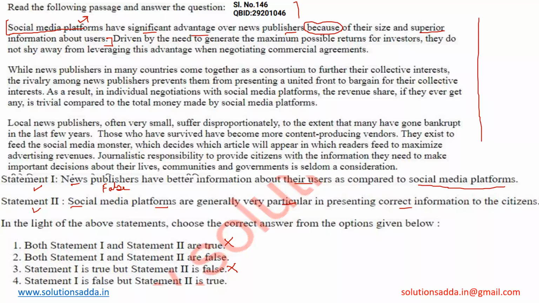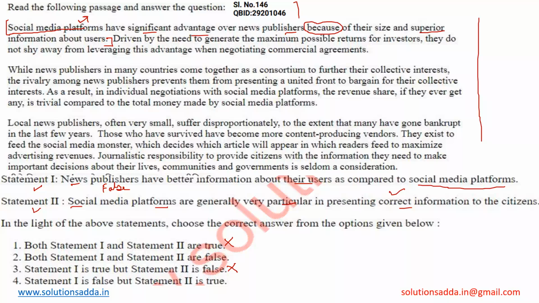So social media platforms are generally not very particular to present correct information to citizens, because social media platforms give their users the freedom to post anything they want. Although they have to follow some rules and regulations or ethics of the platform, still fake and incorrect news going viral on social media is very common nowadays.